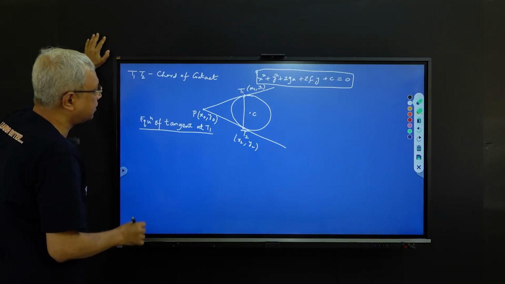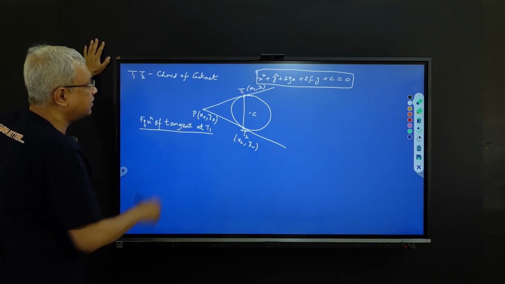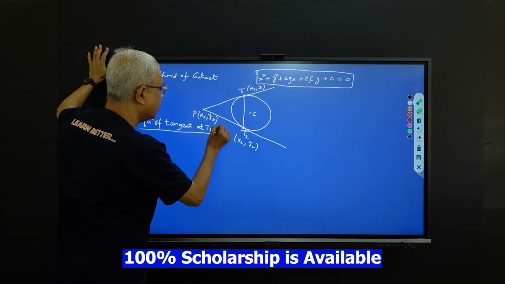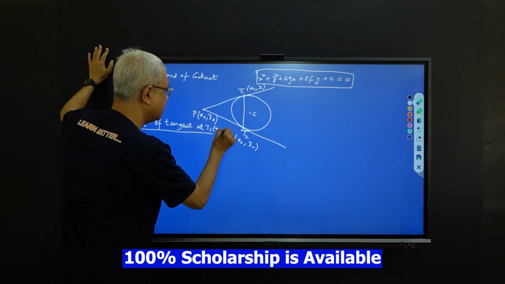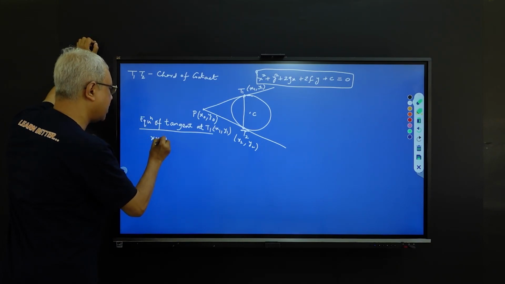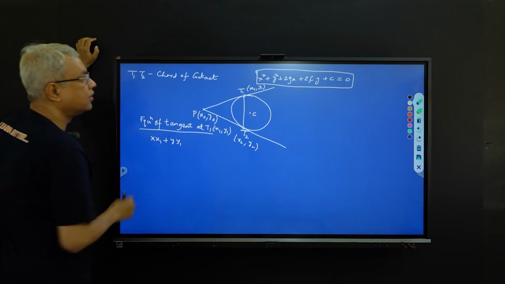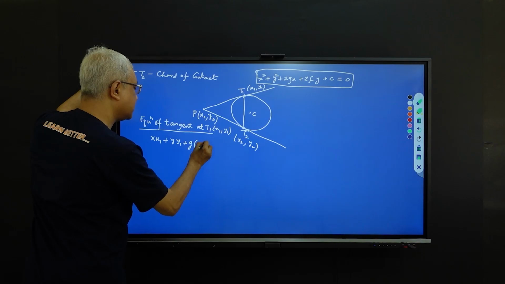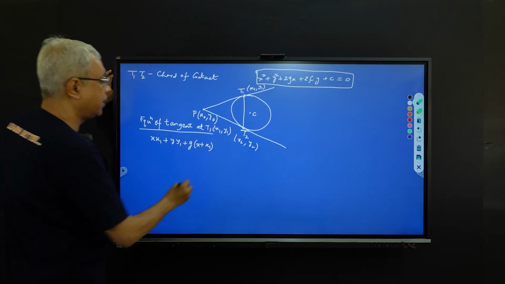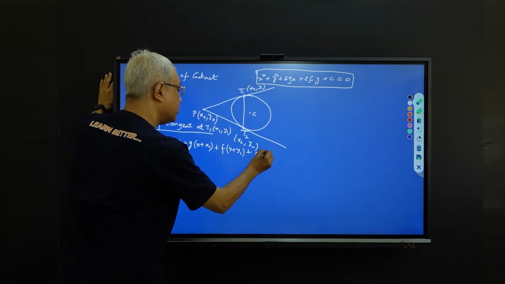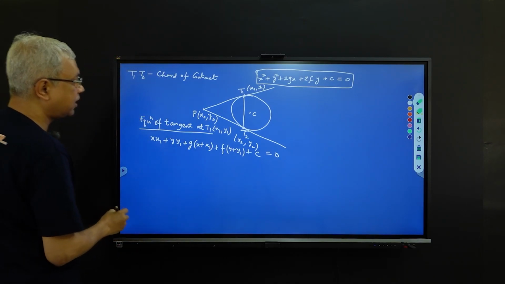So at the point T1, which is x1, y1, the equation of the tangent is x x1 plus y y1 plus g(x plus x1) plus f(y plus y1) plus c equal to 0. So this is the equation of the tangent.